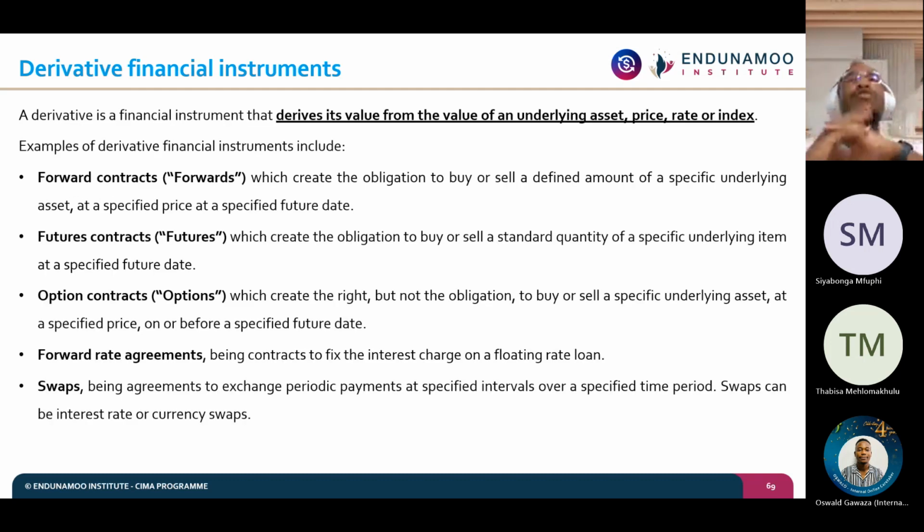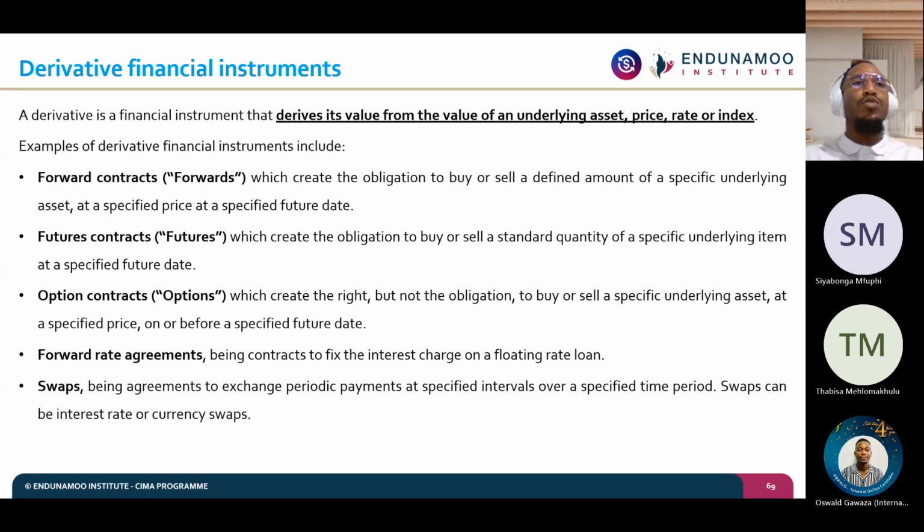For purposes of your objective test and ultimately your big assessment, you need to be aware of the following examples of derivative financial instruments. A derivative financial instrument derives its value from the value of an underlying asset, a price, a rate, or an index.